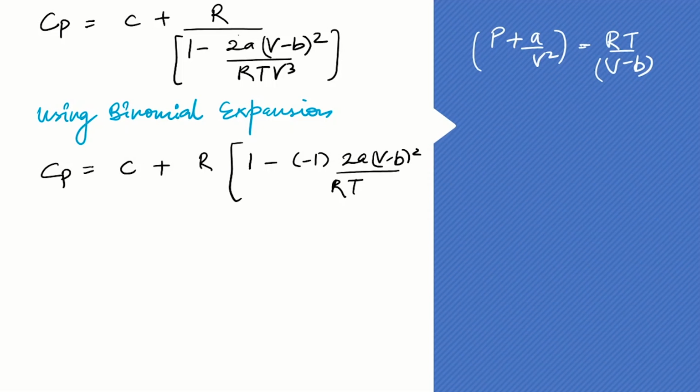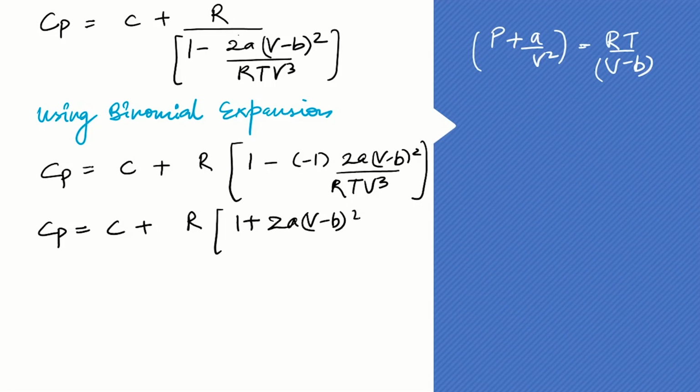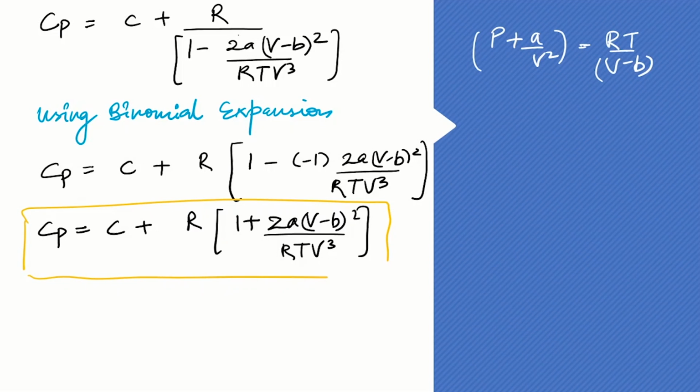So our term will become like this. So Cp is equal to C plus R (1 plus 2A (V minus B) whole square over RT V cube). So this is our molar heat capacity at constant pressure. So this is the solution for our first question.